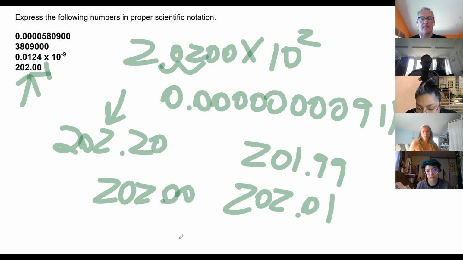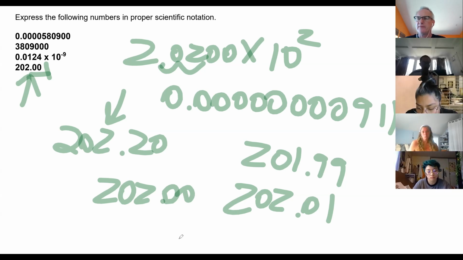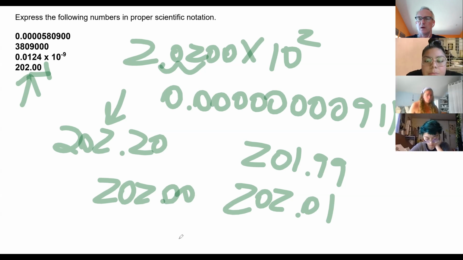When do you use scientific notation instead of a prefix? Instead of prefix? What do you mean by prefix? Like a microliter. When would you use microliter versus 10 to the negative 6? Oh, actually, that's something we're going to be doing in a minute.